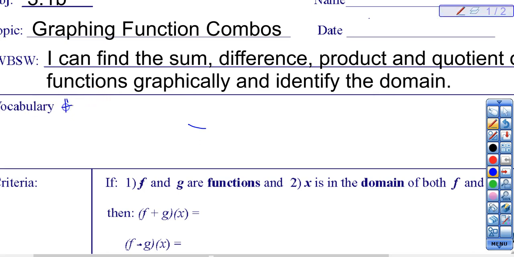We're going to talk about functions today. So we're just going to redefine functions. This is certainly not the first time you've seen this term. What is a function? A function is a noun.